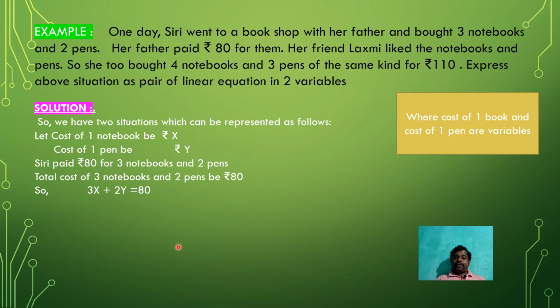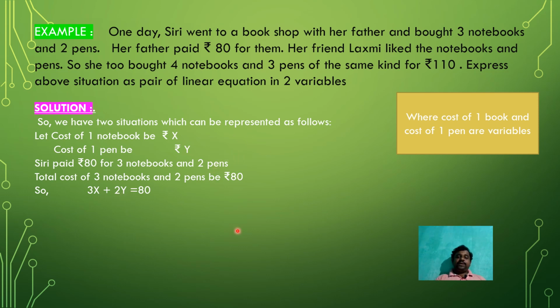The cost of one notebook is x, so the cost of 3 notebooks is 3x. The cost of one pen is y rupees, so the cost of 2 pens is 2y. Total cost means 3x plus 2y. Observe here, 3x plus 2y is equal to 80 rupees.